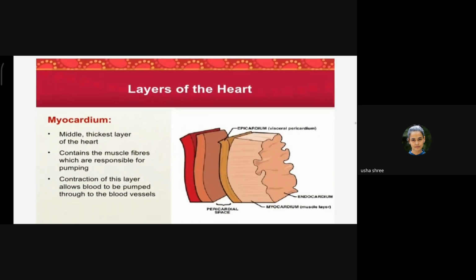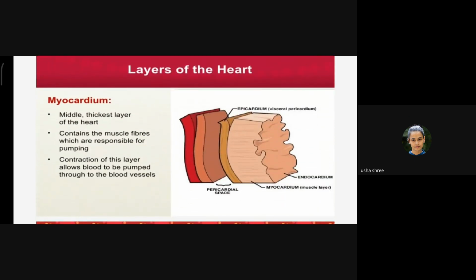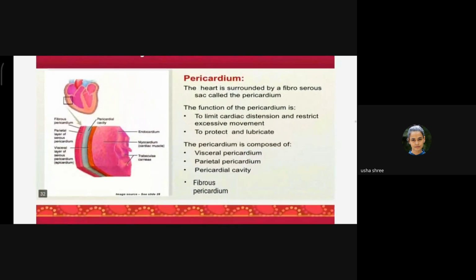Then the second layer is myocardium. It is the middle and thickest one. Ma'am, is the last one also a layer? Go back to the previous slide. The last one is also a layer, is it? No, it comes under the pericardium only. So when we are remembering these, should we remember them as 3 or 4? These are three only.